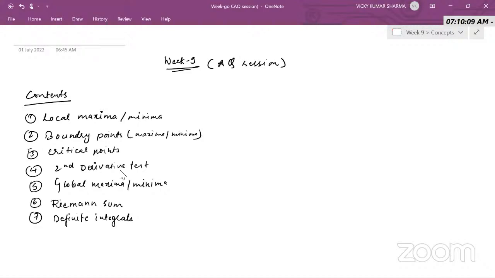I don't think they will just ask you integration, but some kind of applications. Then what is the transition from Riemann sum to definite integral? We know what an integral is in general, but how do we jump from the Riemann sum to the integral? That is also interesting to know, what exactly it means.